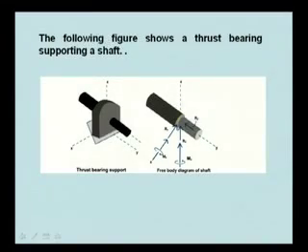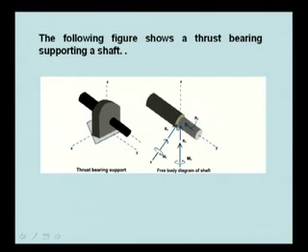Therefore there is a reaction Rx, which the walls of the bearing are supplying. Similarly, it cannot move in the z direction either, so there must be another reaction Rz, shown here. Although I have shown it upward, in some cases it can be downward also.